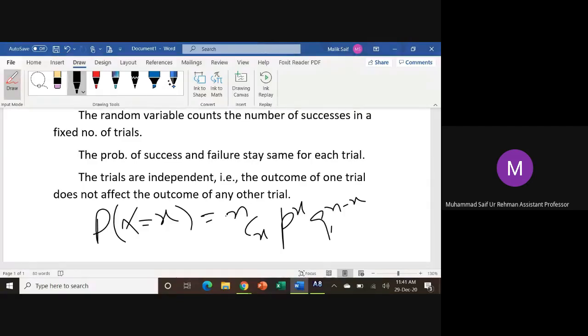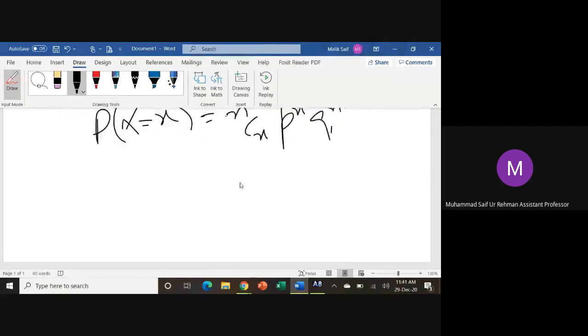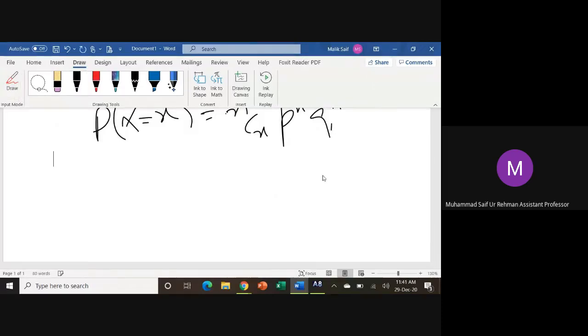Okay, so this is the formula for the binomial probability distribution. Now I'm going to derive this formula. First of all, how you will have this formula.